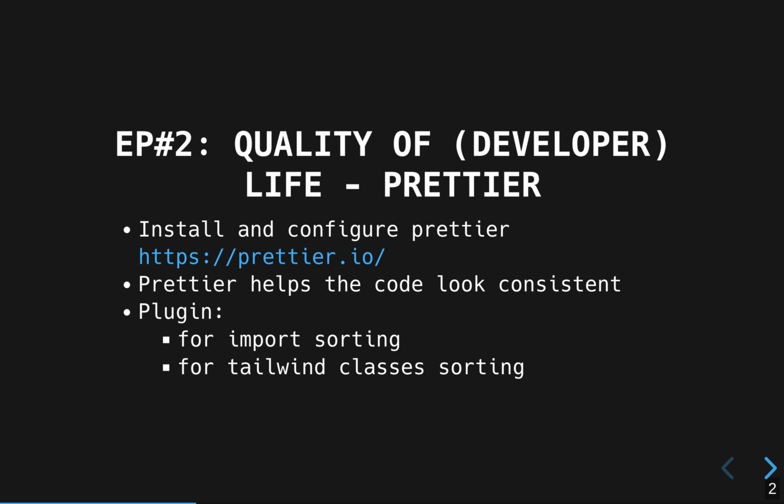In this video I want to install and configure Prettier with two plugins. One plugin for automatically sorting the imports at the top of our file, and the other plugin for automatically sorting our Tailwind classes. Again, this just makes it easier to work with the code and spot errors sooner.